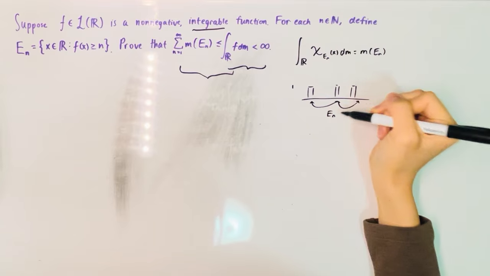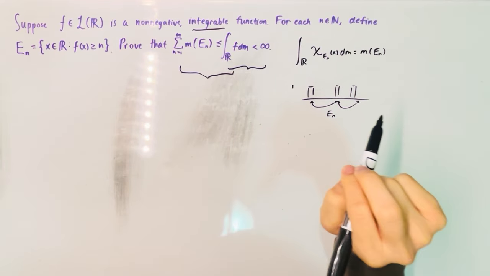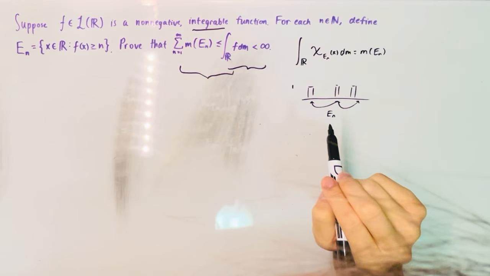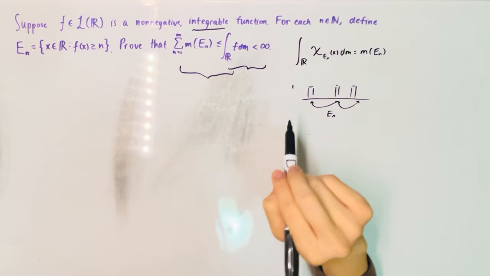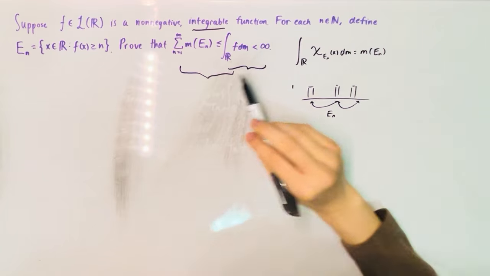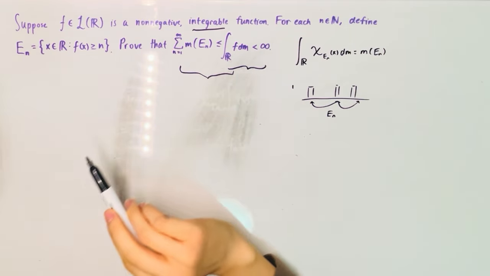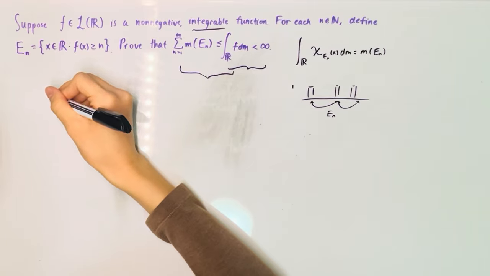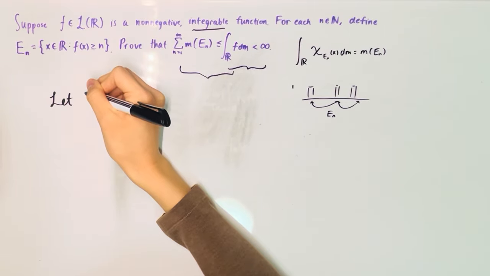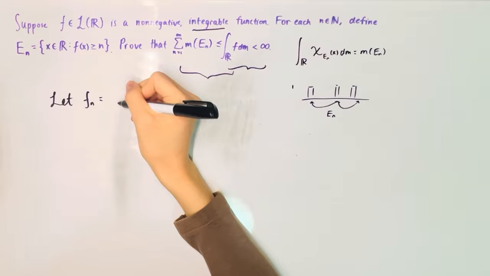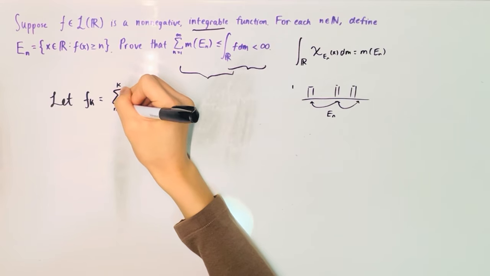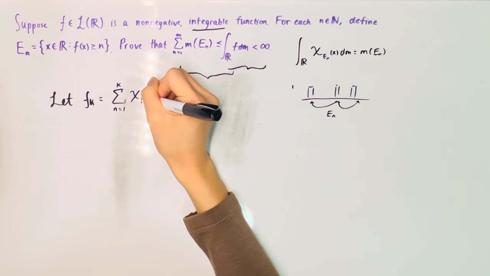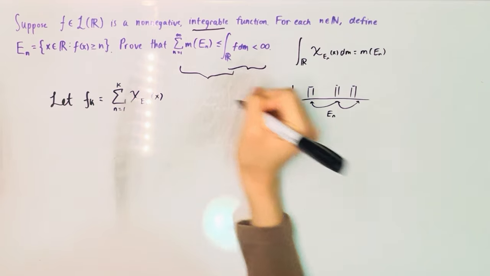Okay, so now that we know that, why don't we set our function to be the infinite sum, because then when we integrate that, maybe we can get something that looks like this. Let's do that. Let f_k equal the sum from n equals 1 to k of chi_{E_n}(x).